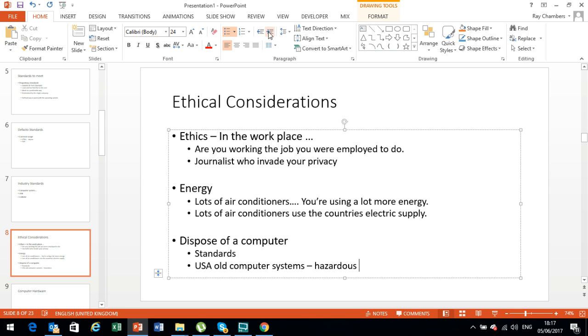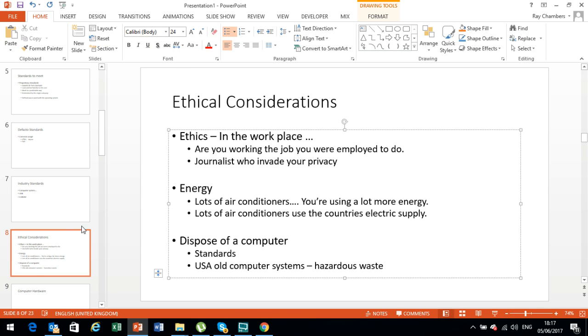That's because of the materials that are in them. Believe it or not, in some cases they have toxic materials that can actually escape into the environment.